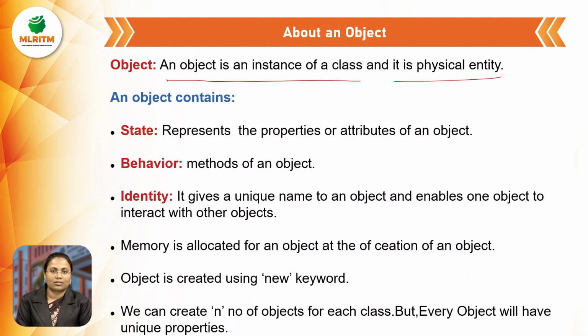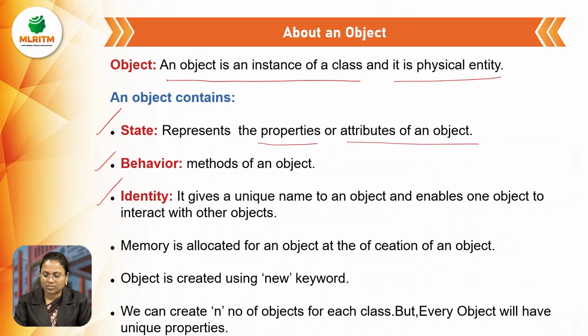So what attributes can an object contain? An object can have its state, its behavior, and its own identity. What is the state? It represents the properties or attributes of an object.